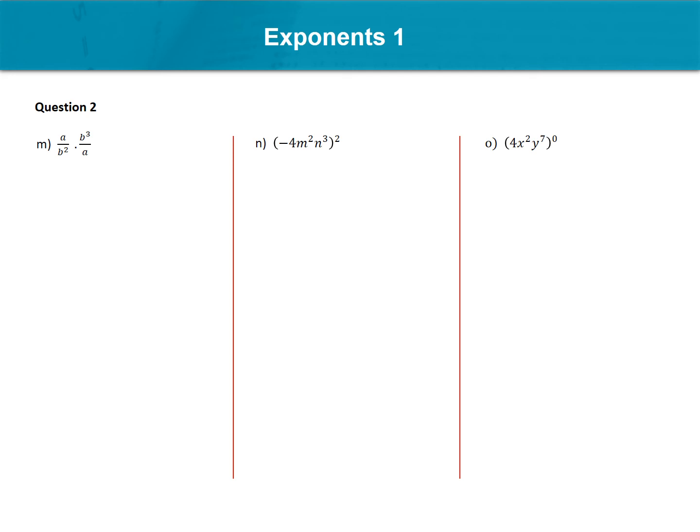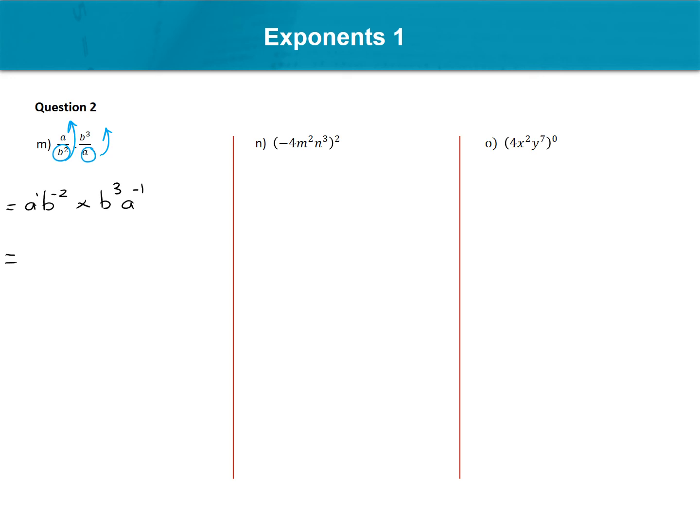M, we have two fractions, which means we can take our denominators into our numerators. So we have a to the power of 1, b to the power of negative 2. That's this b, the b to the power of 2 that I'm bringing up to the numerator, times b to the power of 3, a to the power of minus 1, because we're also bringing this a up to the numerator.